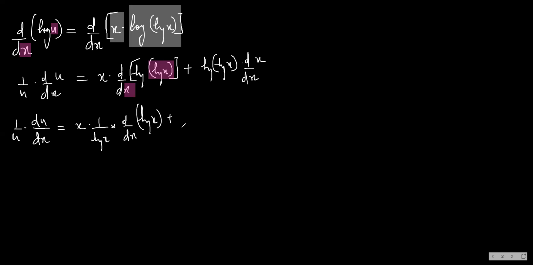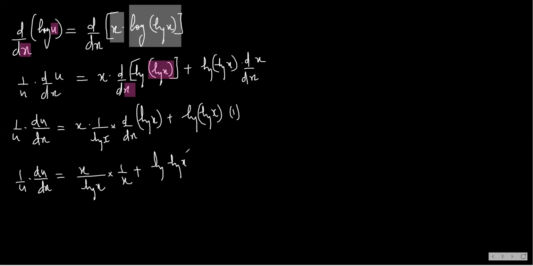And plus here you have log of log x into 1. So this will become 1 upon u du by dx equals x upon log x into 1 upon x plus log of log x. So what is next step?